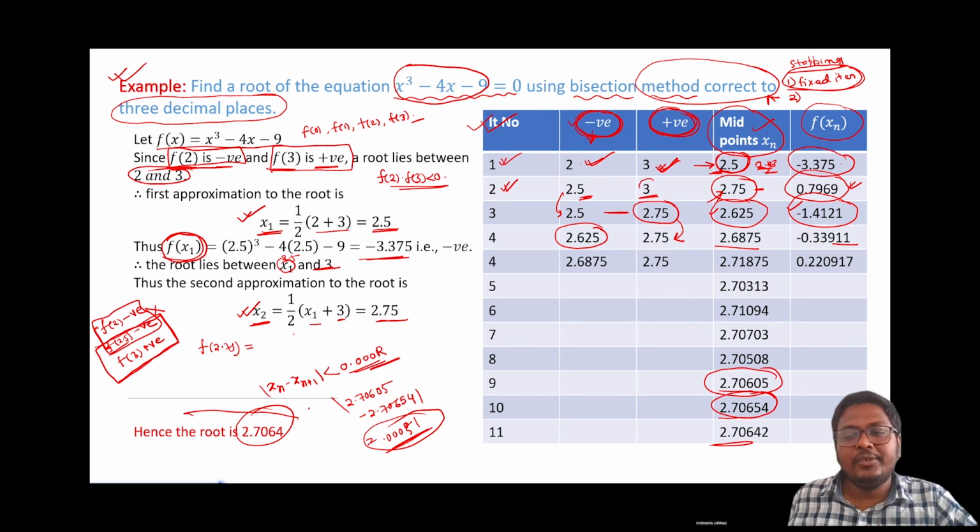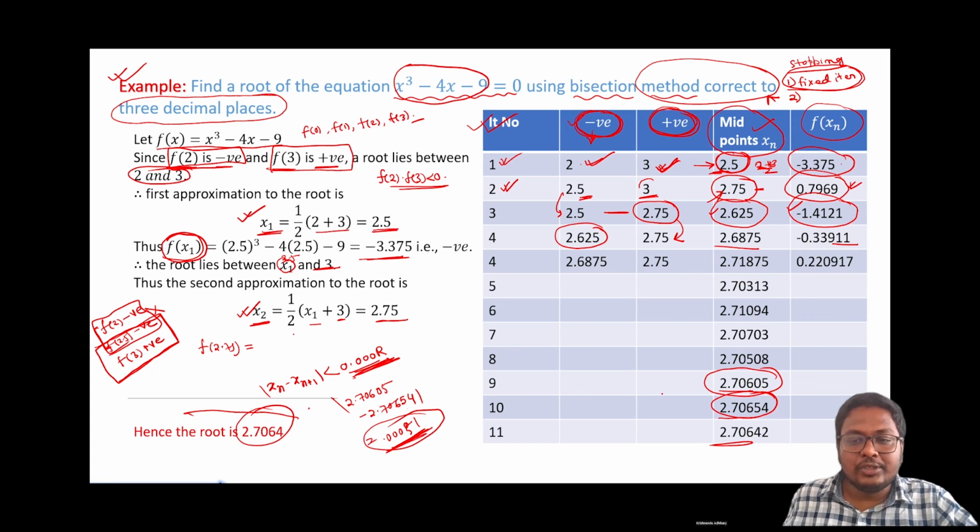So I hope all of you have understood the process. Okay, nice. See, you can see this is correct up to 3 decimal places. This thing is matching here.